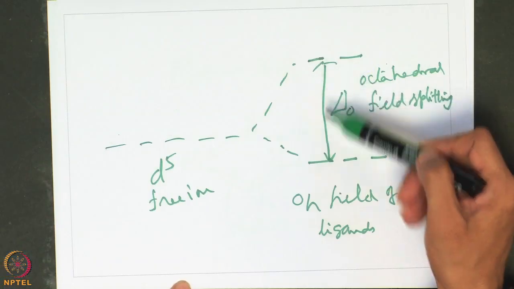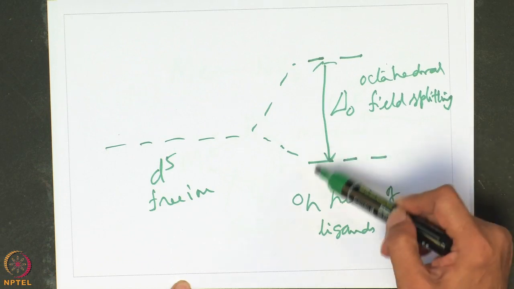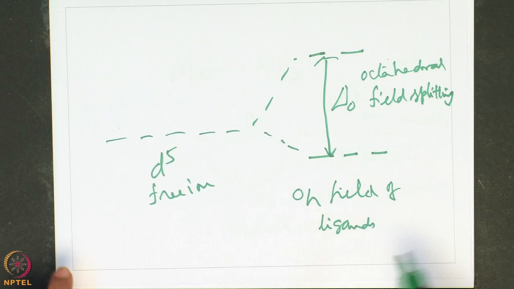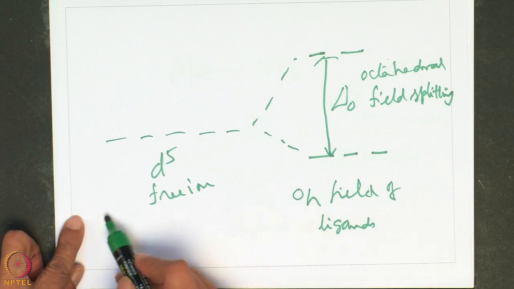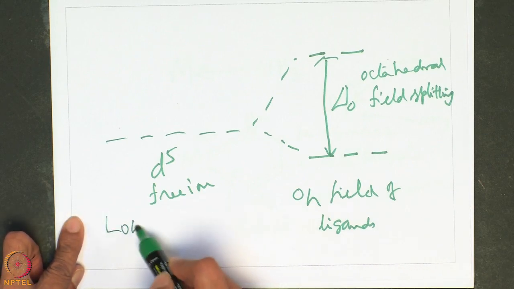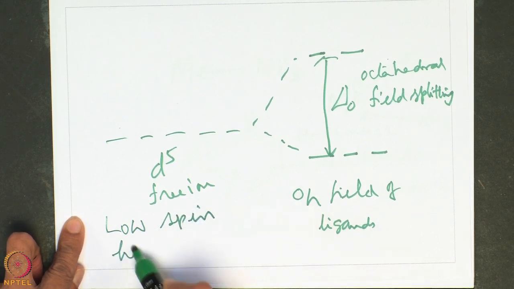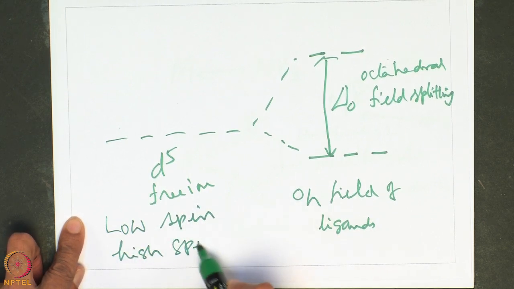So, how does that matter? This matters because the electrons either may pair up in the lower energy level or may occupy the upper ones, and as a result you get either a low spin situation or a high spin situation.